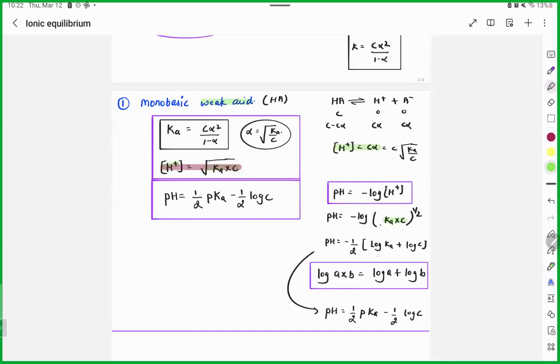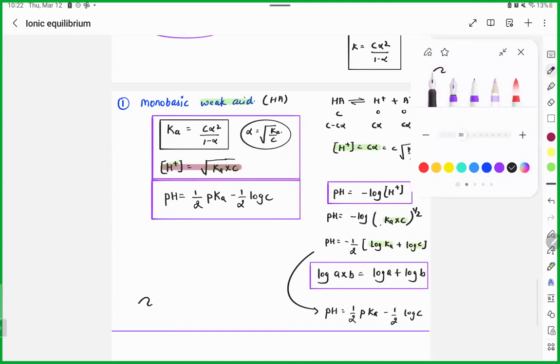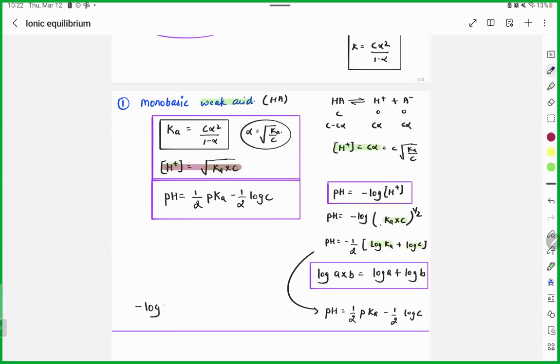Log Ka plus log C in the bracket. What is the reason for this? Log A into B is equal to log A plus log B. Okay. So minus log Ka is equal to pKa. Same way, minus log Kb will be equal to pKb.